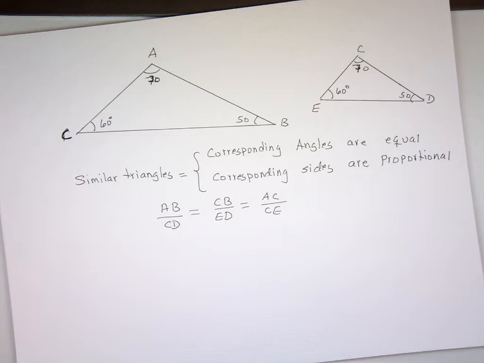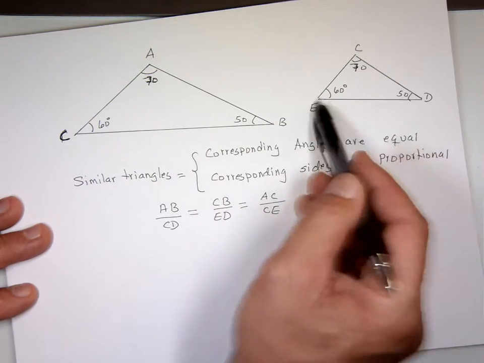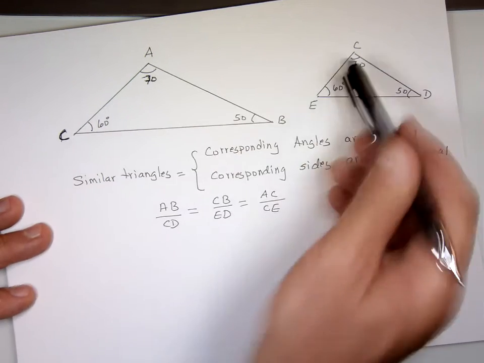That's what proportional means. If you measure the length of this side to this, it should be the same as this to this, the same as this to that, ratio-wise.